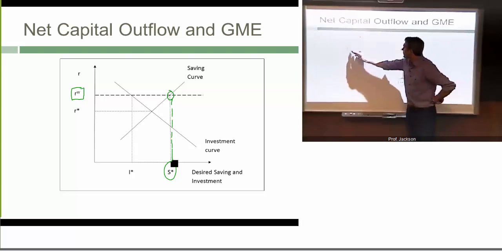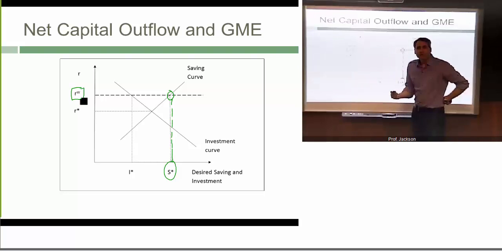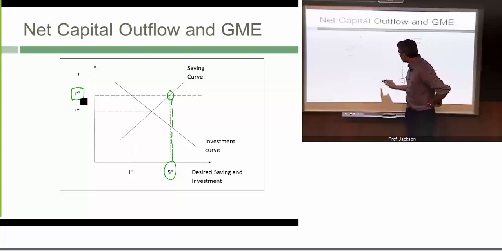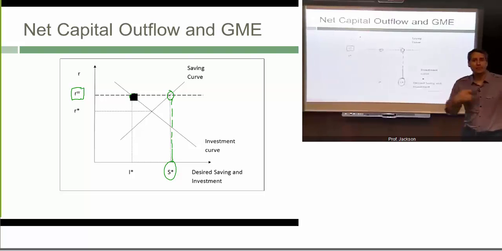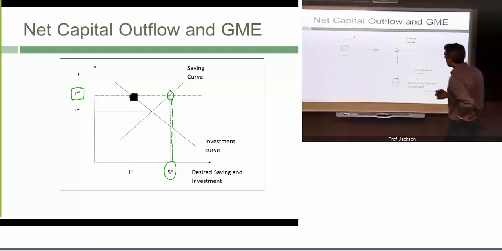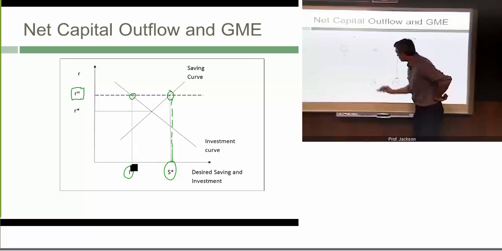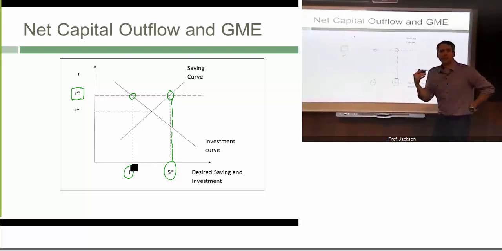At that same world real interest rate, it's relatively high. And so what that means is that the amount of domestic investment, that is the amount of money that firms want to borrow to purchase capital and equipment and those kinds of things, is relatively low. And so, again, what this means is that you have a surplus of domestic saving over domestic investment.